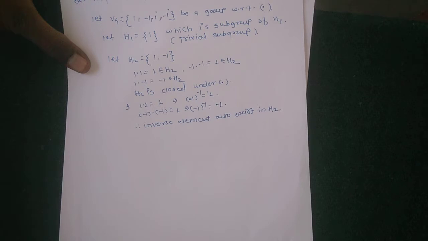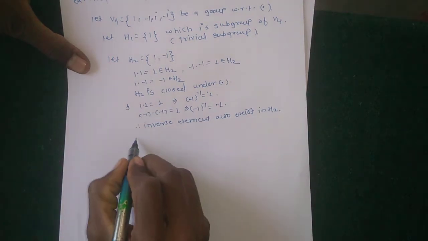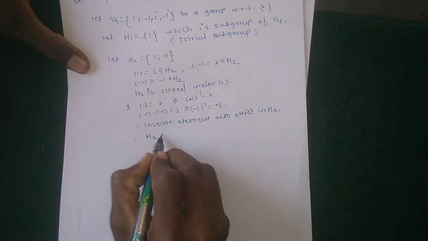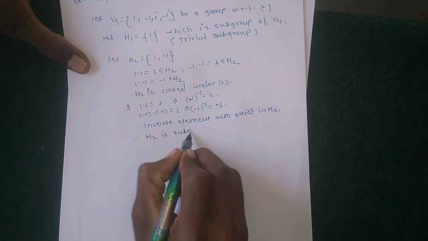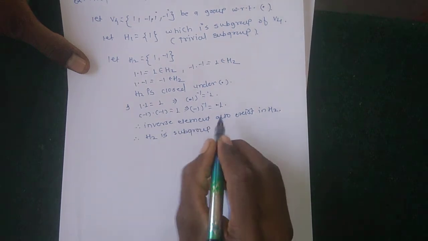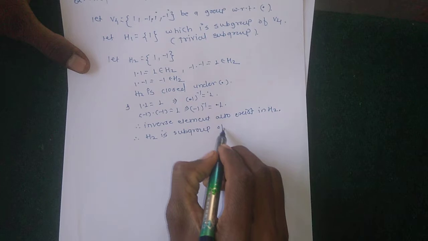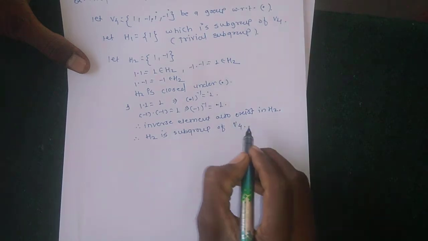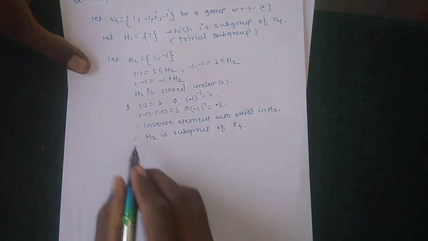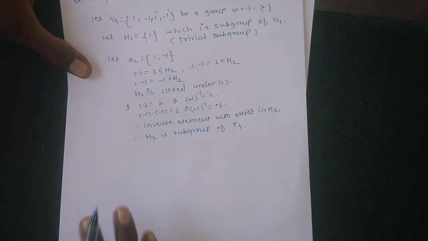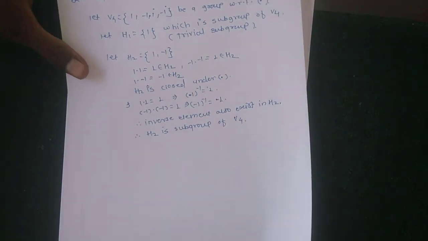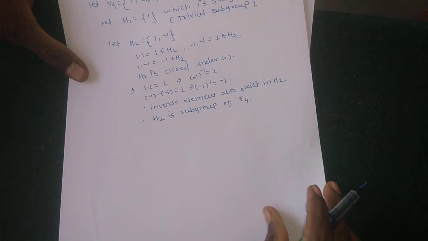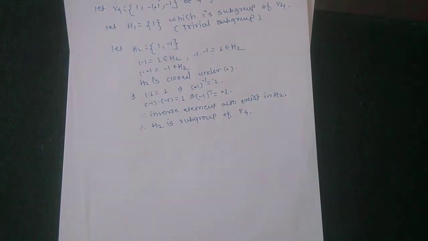Therefore, by the theorem, H2 is a subgroup of the given group G. Therefore H2 is a subgroup of V4, or G. Then we choose a third subgroup. Suppose we choose another subset of this set.